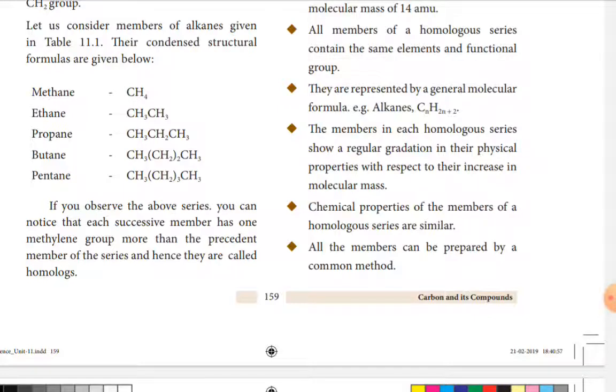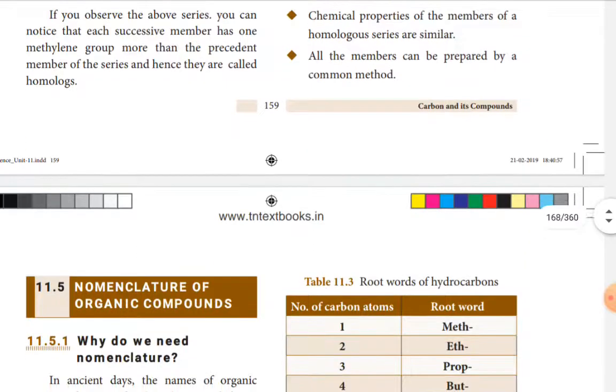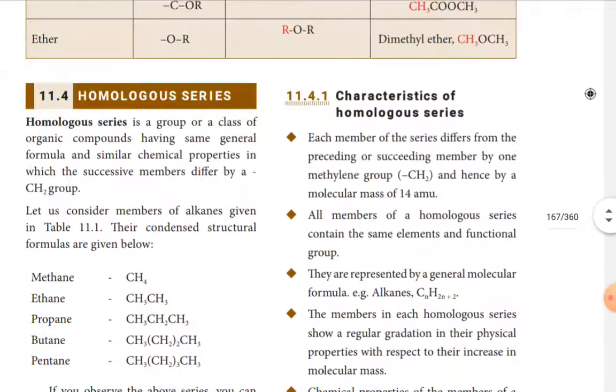Then last point, all the members can be prepared by a common method. Alkane can be prepared using a common general method. Similarly, alkene and alkyne can be prepared by a common general method. So these are a few points under the characteristics.